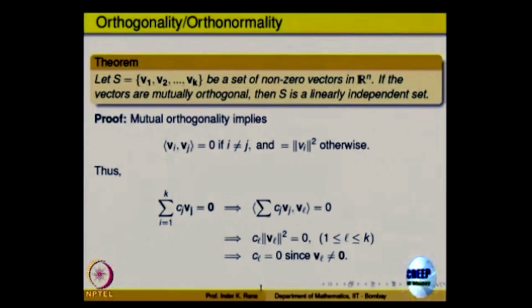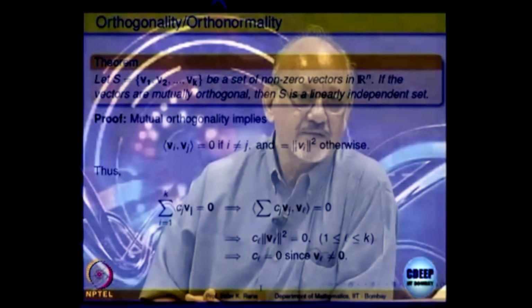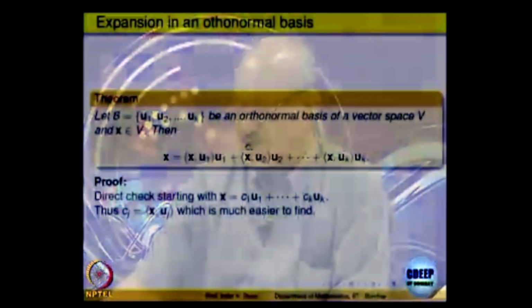So an orthonormal set is automatically linearly independent. The question comes, how do I make a linearly independent set orthonormal? We will do that, but before that let us go through what I was saying.